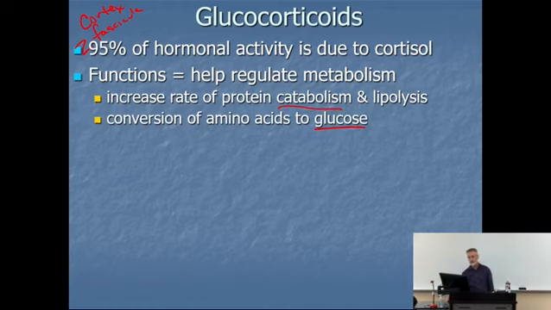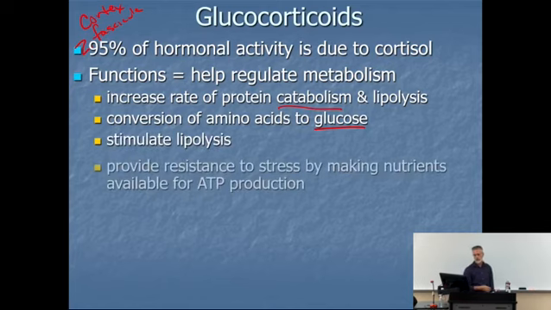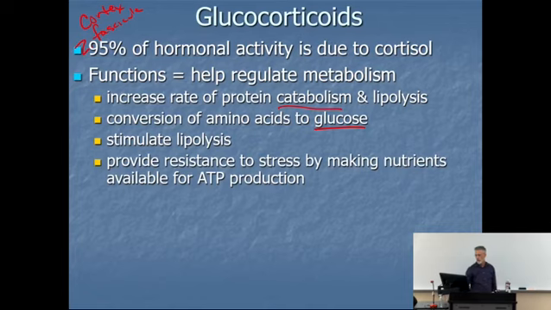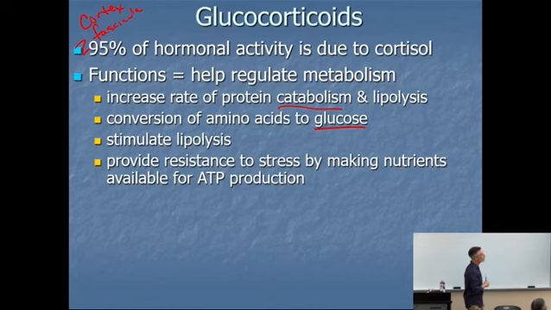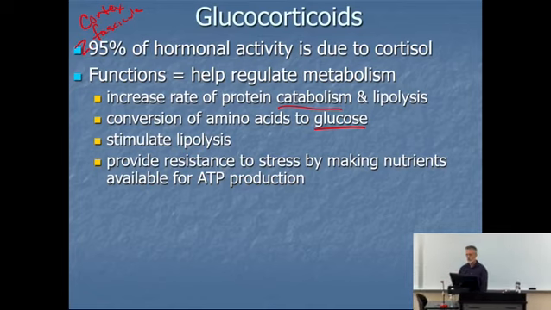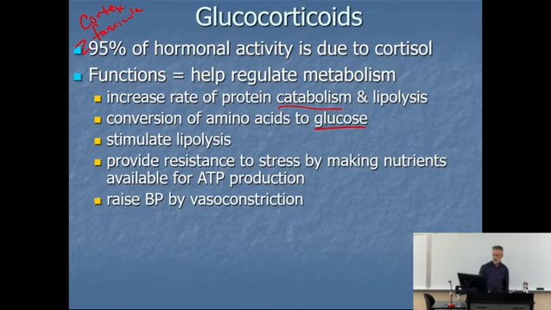Whether it's emotional stress, whether it's physical stress or whatever, cortisol levels will increase. And generally, we're making sure that these nutrients are available for ATP production so we can make more ATP, etc. Okay? So it does have to do with metabolism, but this has to do a little bit more with freeing up glucose levels.